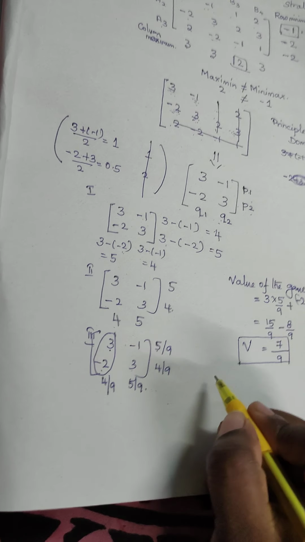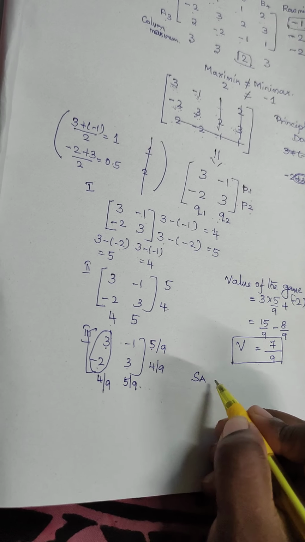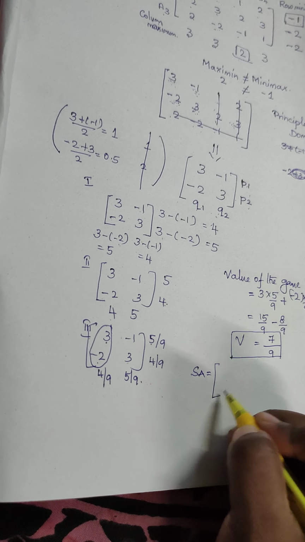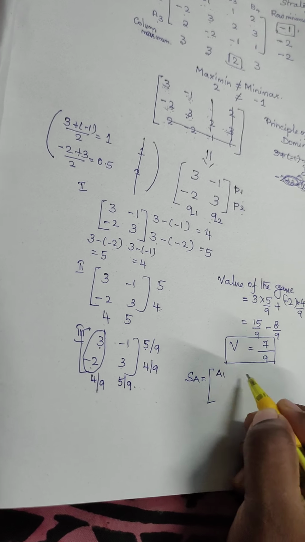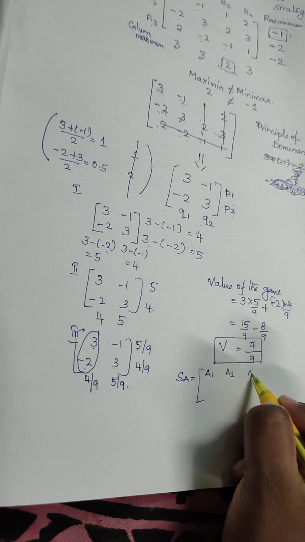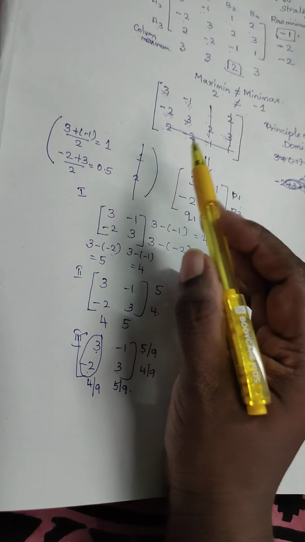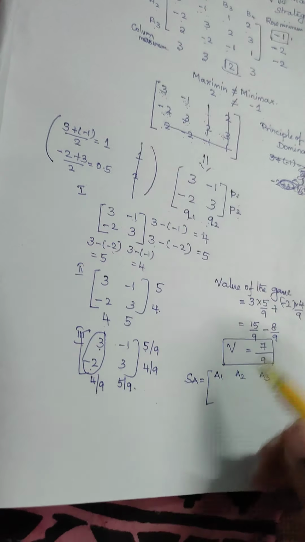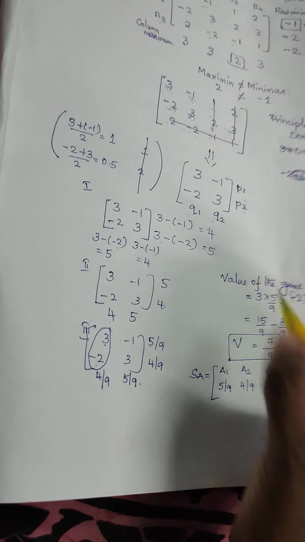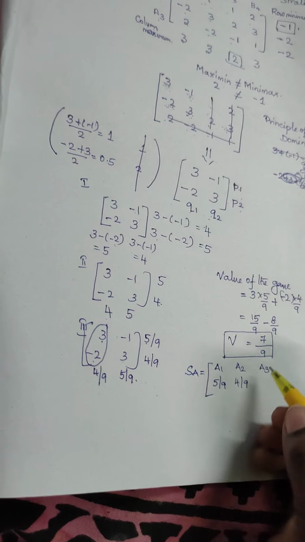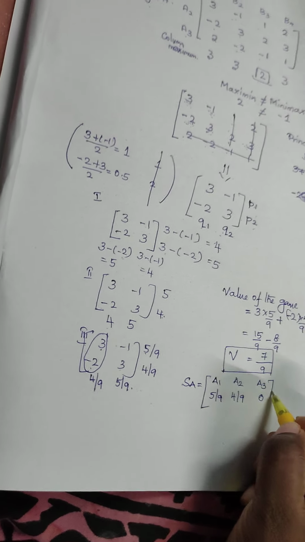So my answer is SA, that is the strategy of player A. There are 3 strategies, A1, A2, A3. The probability values are P1, 5 by 9, 4 by 9. The third row is cut off, so it is 0.